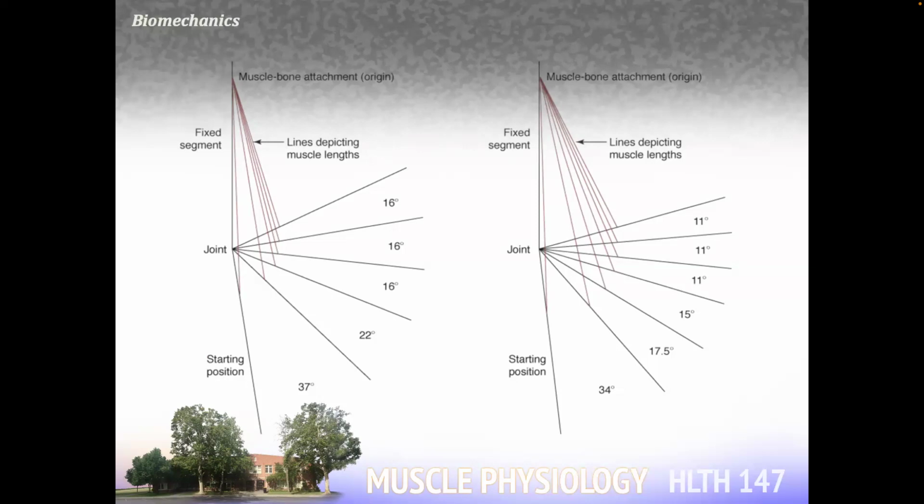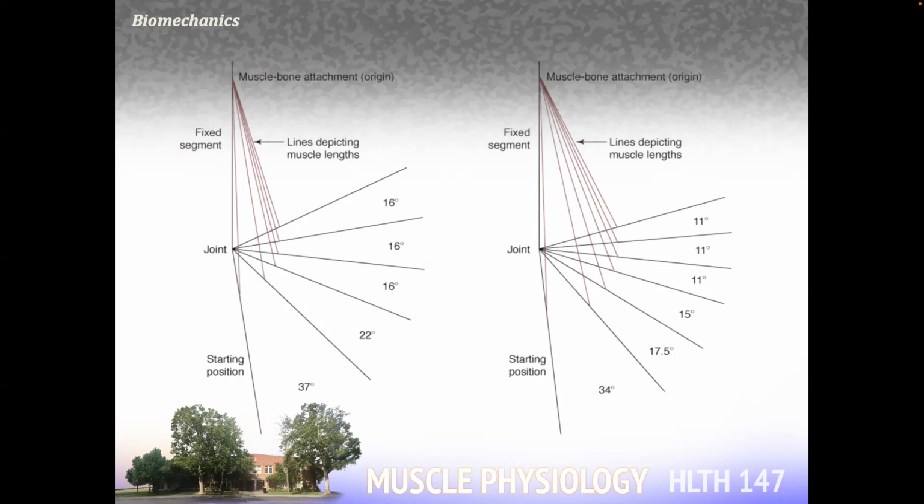And you're going through the range of motion of a bicep curl. You see the starting position at the bottom. As you curl the weight up, the biceps shorten. In both images, the origin of the biceps is in the same spot, but the insertions are different. That's what's different about these two diagrams: the insertion of the biceps on the radius.